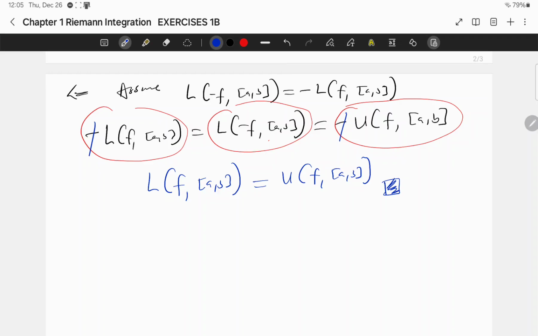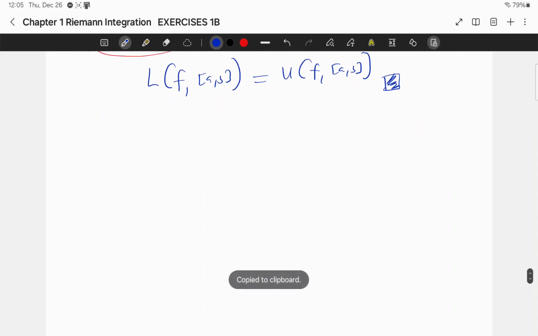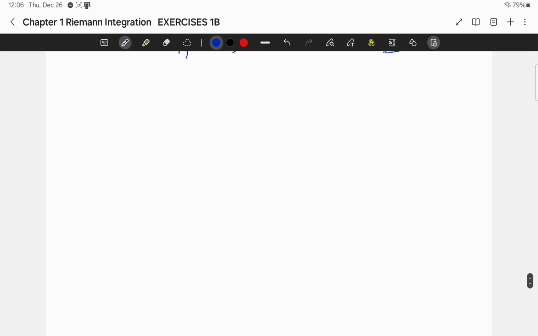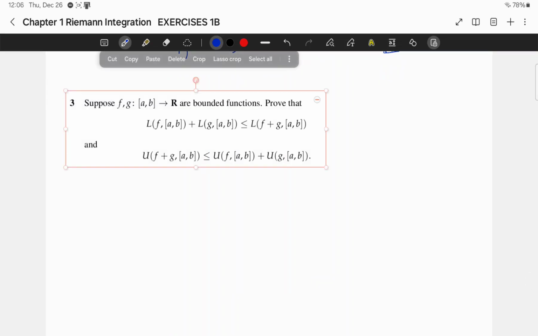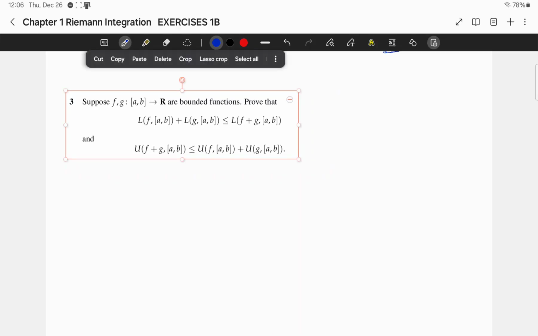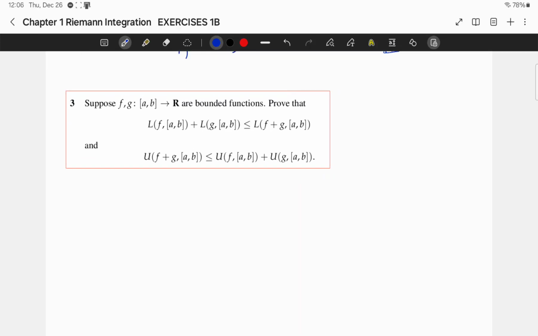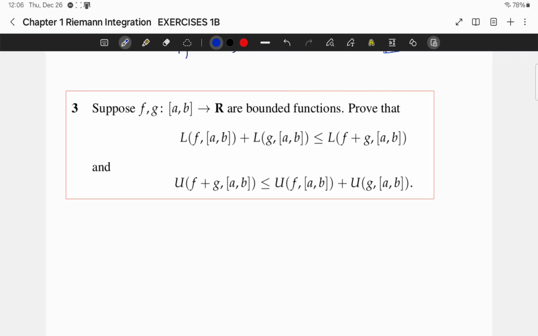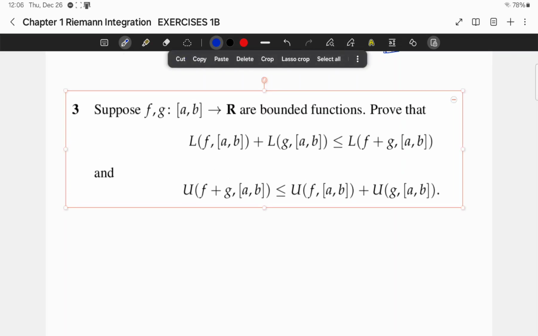So let's go to question number 3. Suppose f and g are bounded functions.